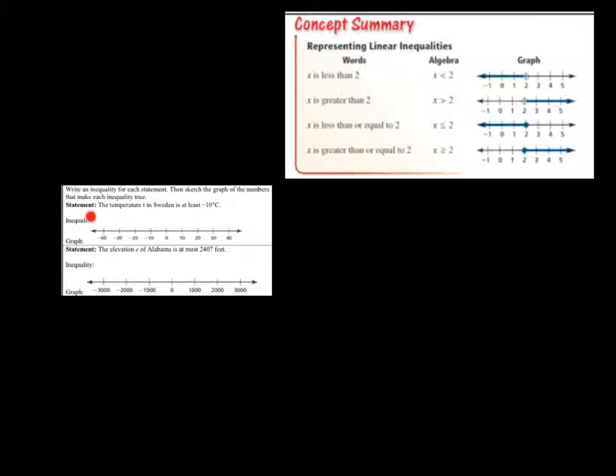On this one, the statement says the temperature T in Sweden is at least negative 10 degrees Celsius. So our key word here is at least. If you think about what that means, the word at least means that it would be negative 10 or more. So T would have to be greater than or equal to negative 10.